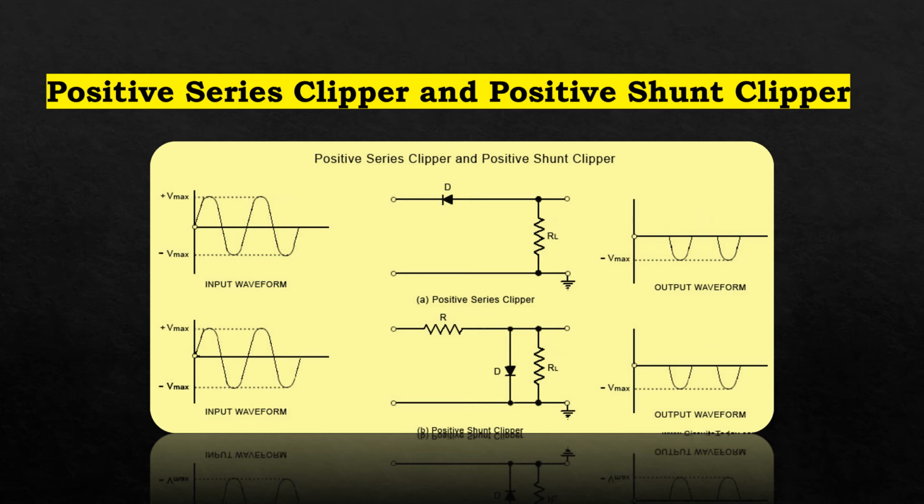Actually, the circuit behaves as a voltage divider with an output voltage of RL upon R plus RL times Vmax, equal to minus Vmax when RL is greater than R.